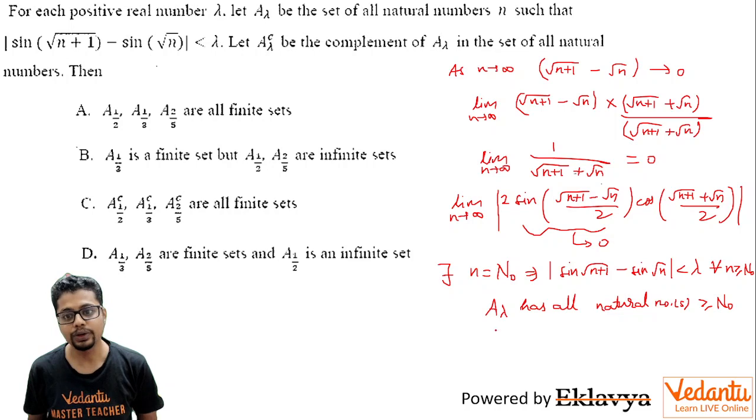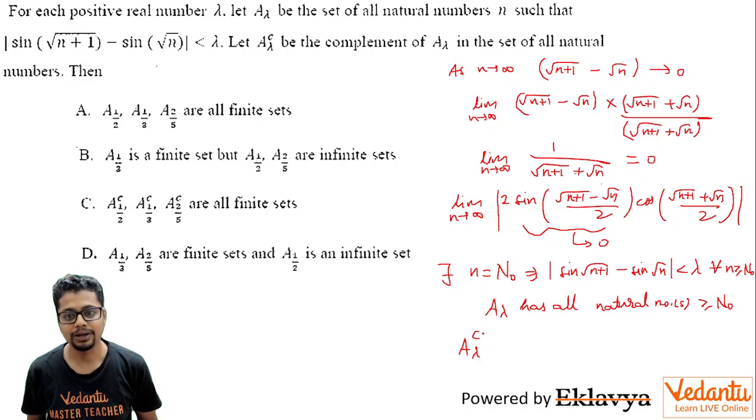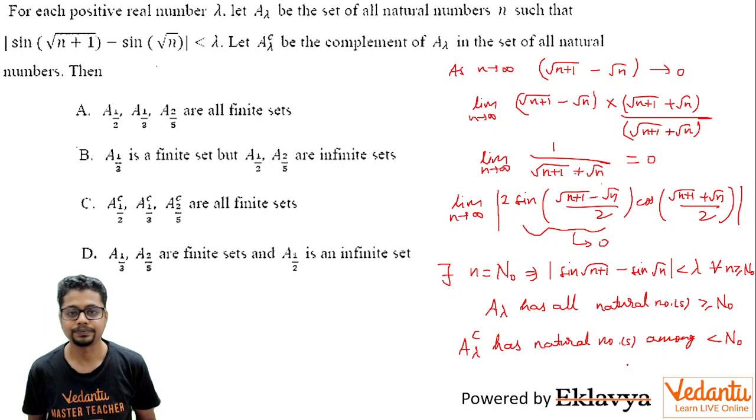So how do we understand that A lambda complement would be a finite set? You can understand it this way. First of all, A lambda complement would have natural numbers as elements, and it will have natural numbers among those less than n naught only, because all natural numbers greater than or equal to n naught are part of the set A lambda.